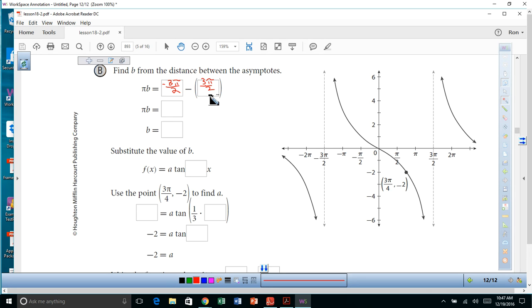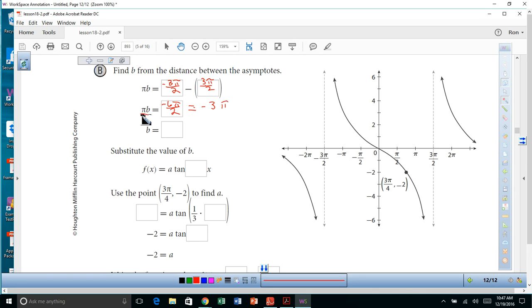So that will equal negative 3 minus 3, that would be negative 6 pi over 2, which is negative 3 pi.